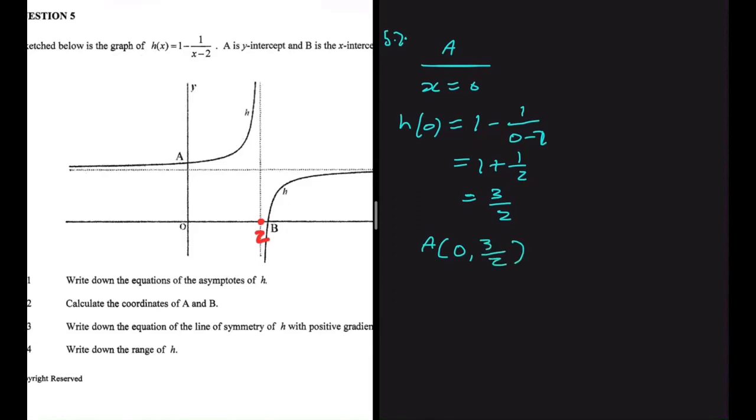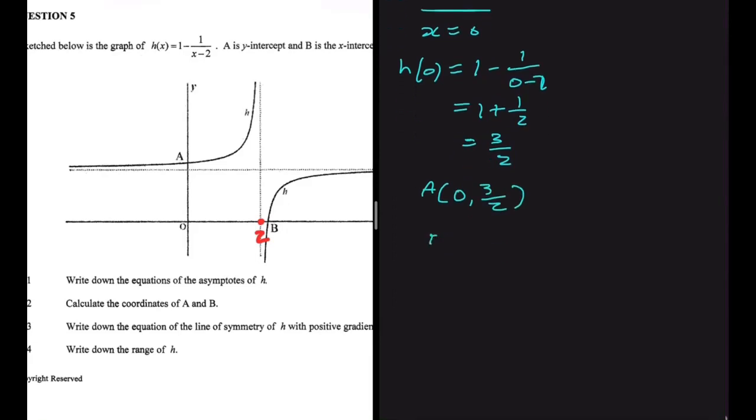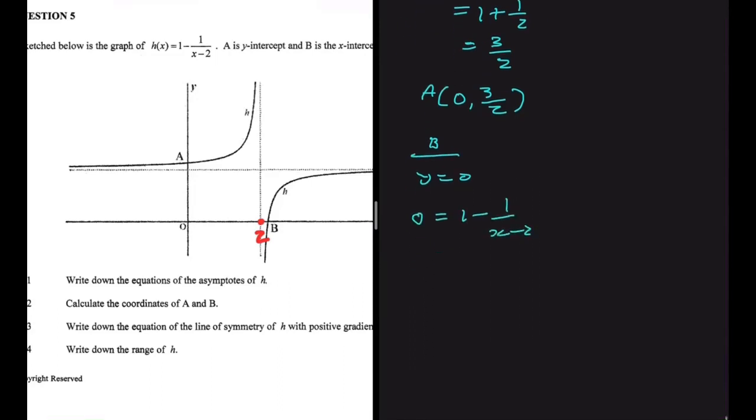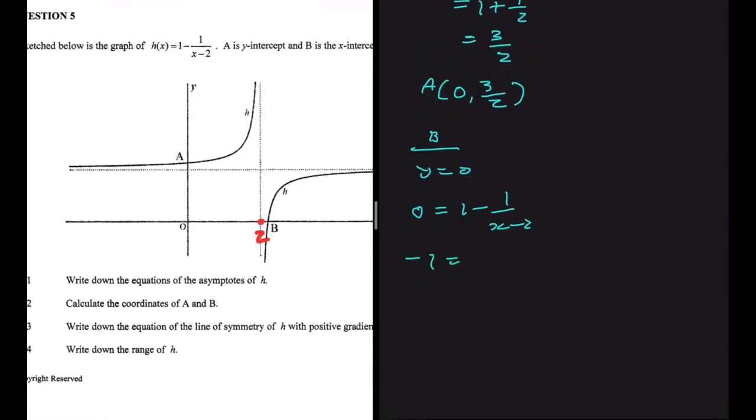Right, and then let's move to the coordinates of B. B is the x-intercept. We know that y is equal to 0. So if we substitute that into h of x, we're going to get 0 is equal to 1 minus 1 divided by x minus 2, right? Minus 1 will be equal to minus 1 divided by x minus 2. So we can simply cross multiply here.